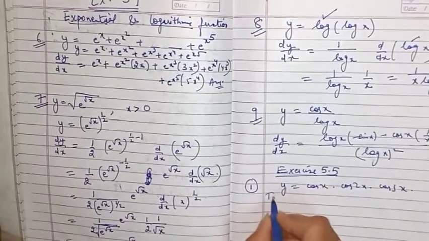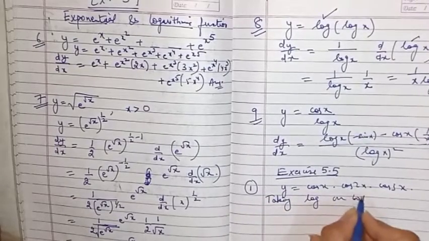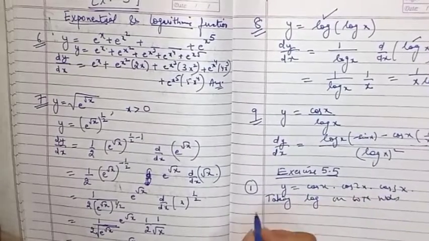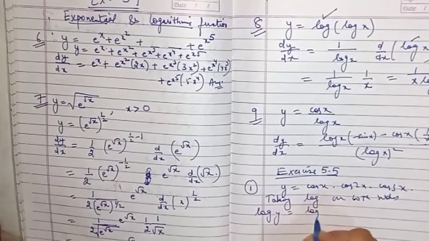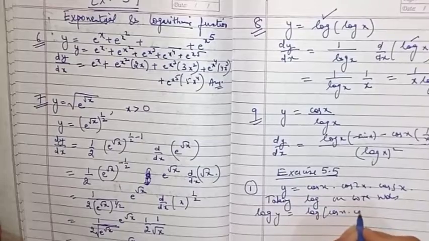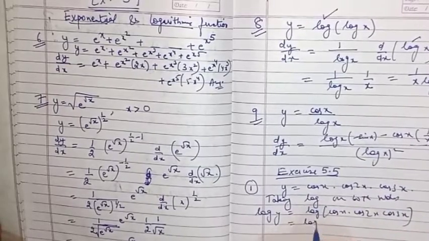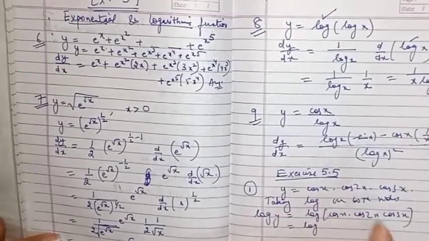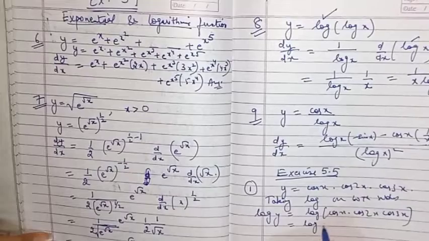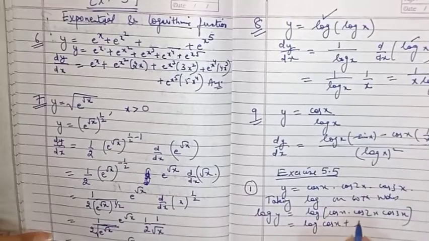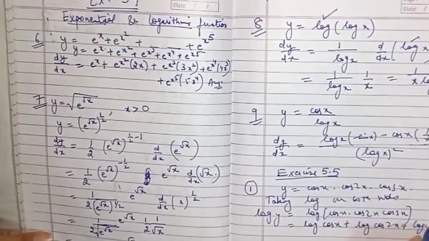Taking log on both sides, that is log y equal to log of cos x, cos 2x, cos 3x. Now after applying the property, log ABC equal to log A plus log B plus log C, it will be log of cos x plus log of cos 2x plus log of cos 3x.